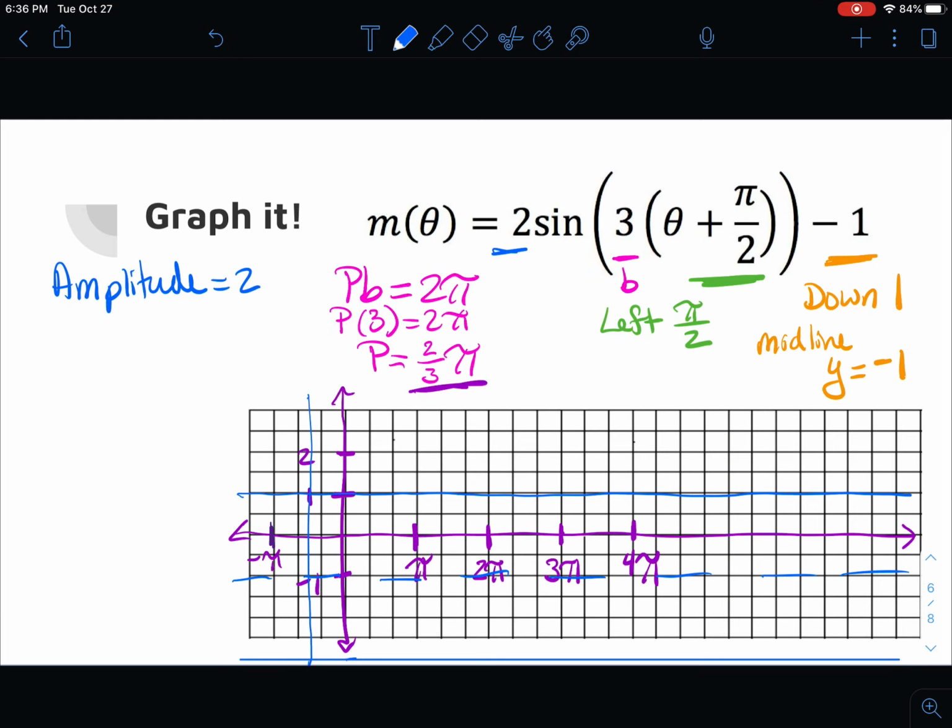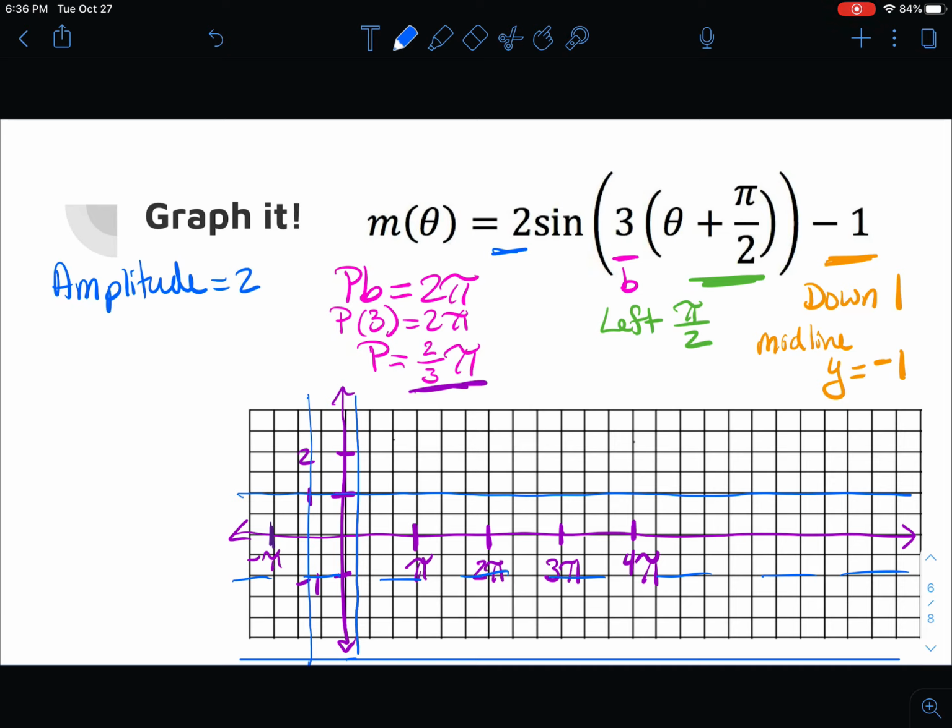If 3 boxes makes a pi for me, then 1.5 boxes is the midway point, okay? The period is 2/3 pi. Oh, you're gonna love this one. So 2/3 pi for me is 2 total boxes. So that's gonna be here. So we're gonna jam this little function, this one little cycle right inside of here.